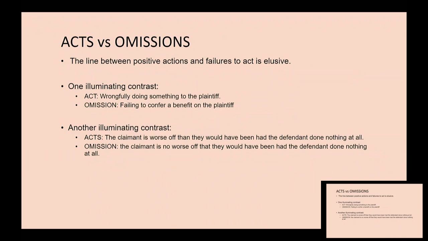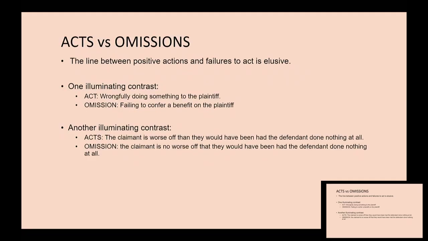But it's sometimes difficult to tell the difference between an act and an omission. So an act is doing something to the plaintiff. An omission is failing to confer a benefit on the plaintiff. Sometimes you think, well, actually, many things can be reframed as an omission if we really want to do this, okay?